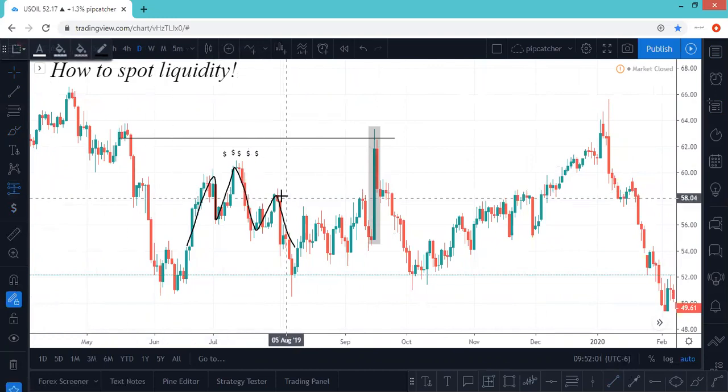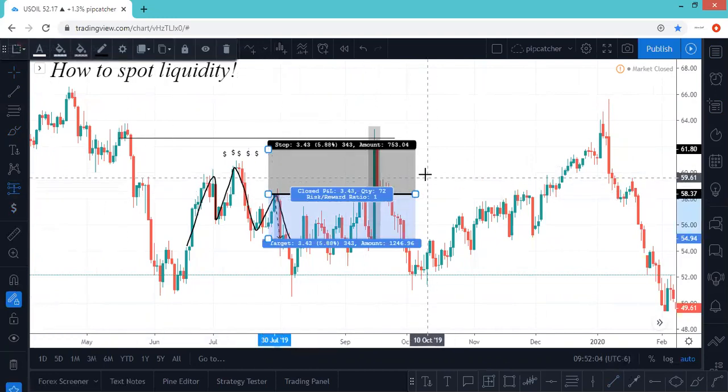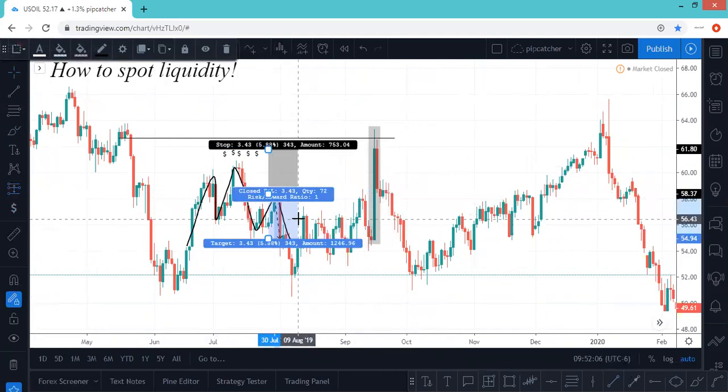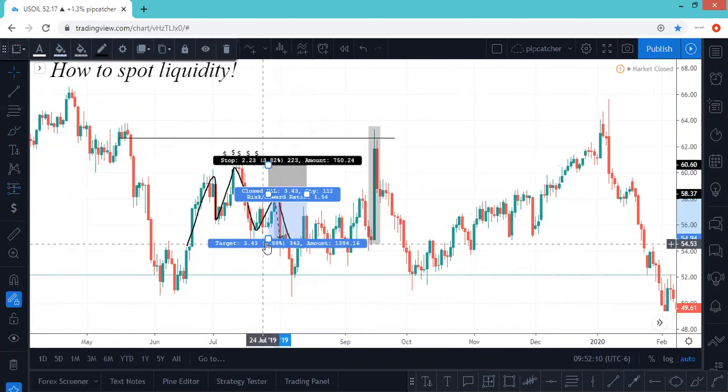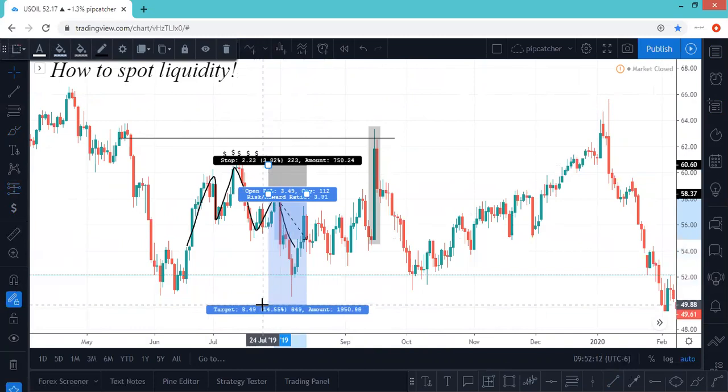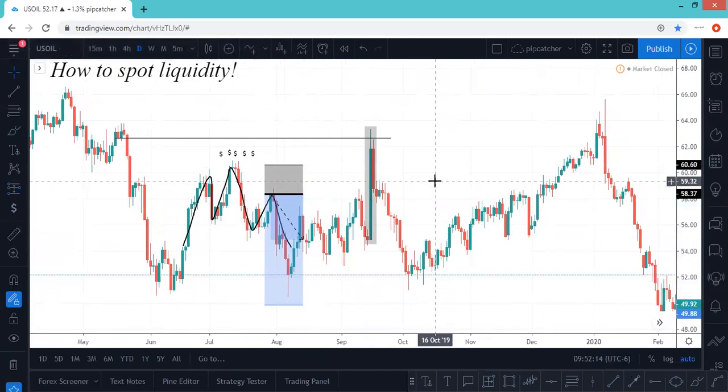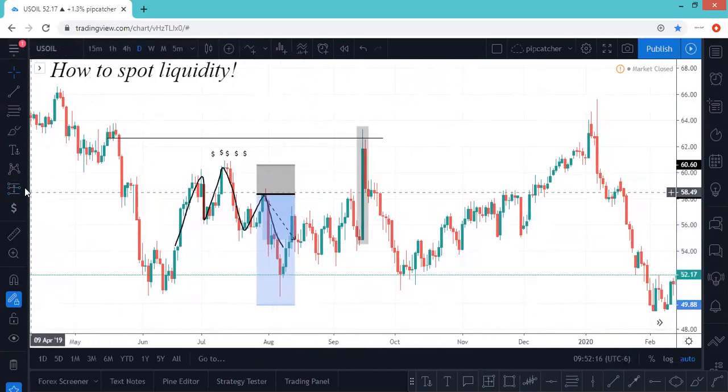Now, remember, as I said, banks, institutions, prop firms, hedge funds, big money players, all of them, they want to sell higher than you and they want to buy lower than you.